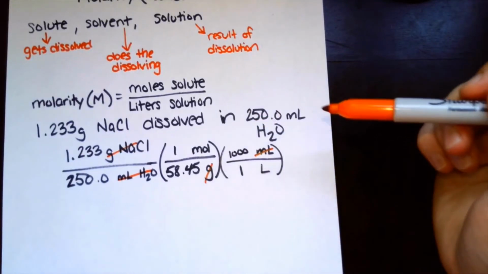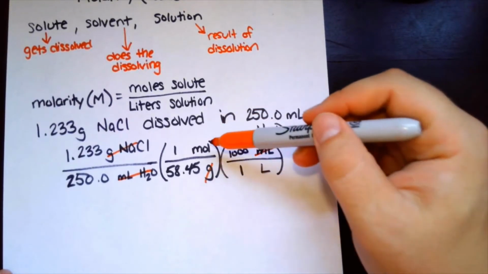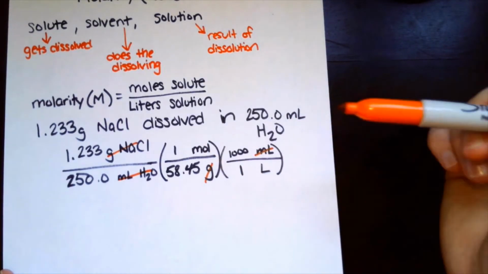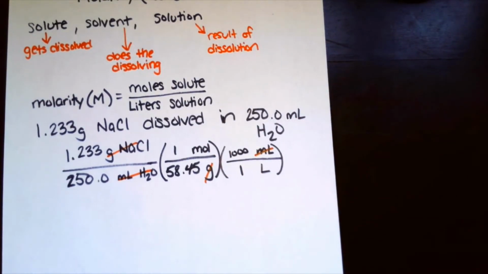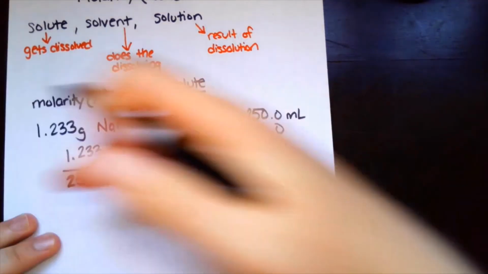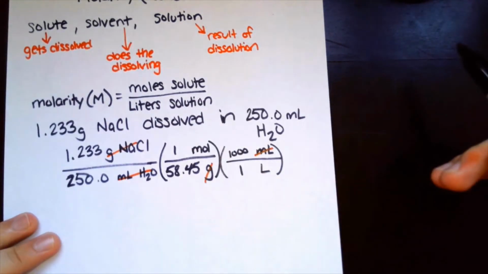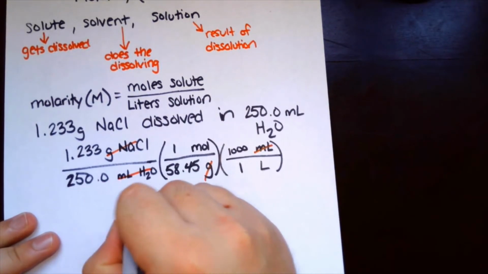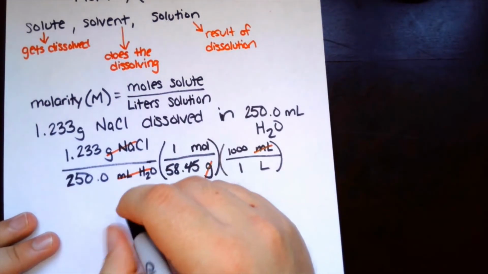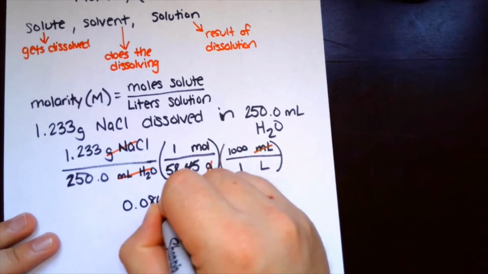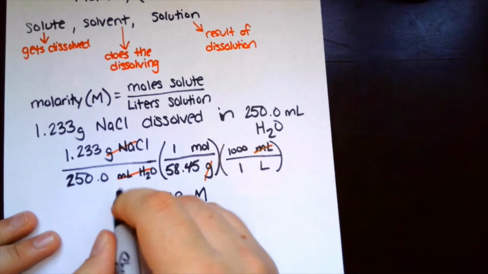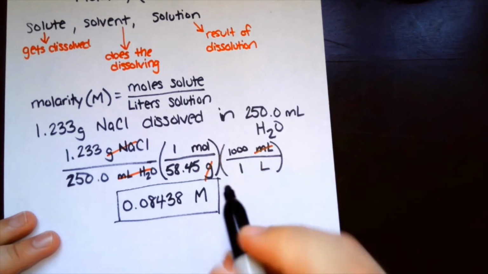And now the only units left uncancelled are moles of our solute, which is what we want, and liters of our solution, which is also what we want. So, like always, we could just multiply all the numerators across, multiply all the denominators across, and then divide. And when we get that, we end up with an answer of 0.08438 molar, it's called, which is just the unit version of molarity.